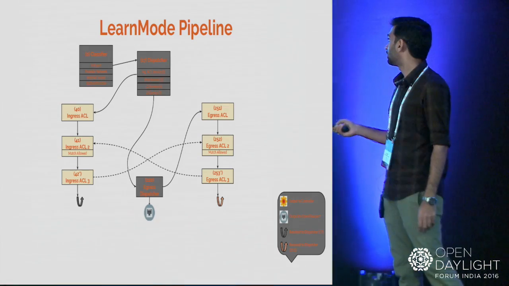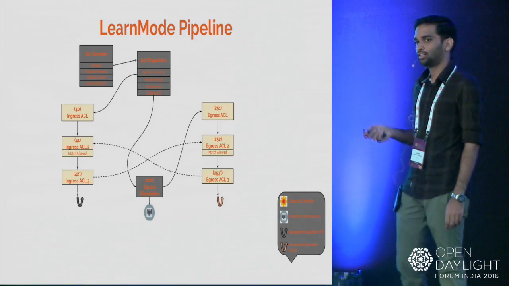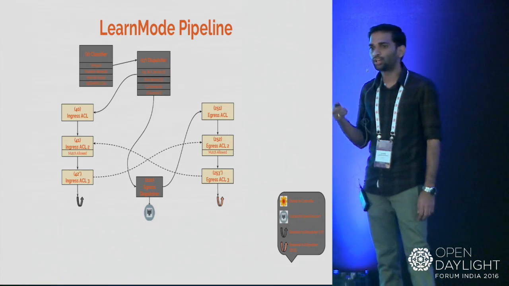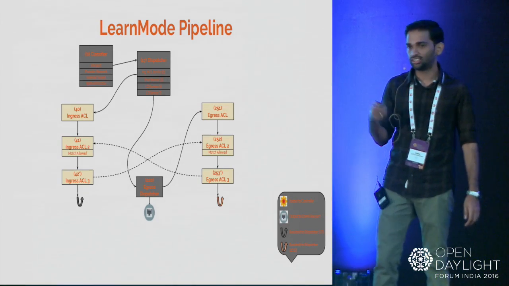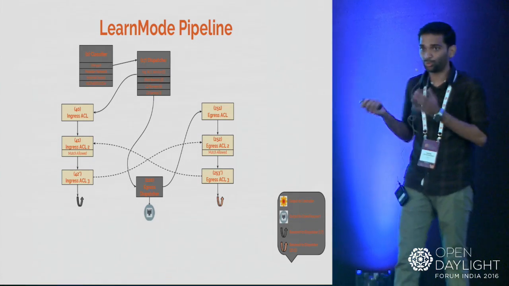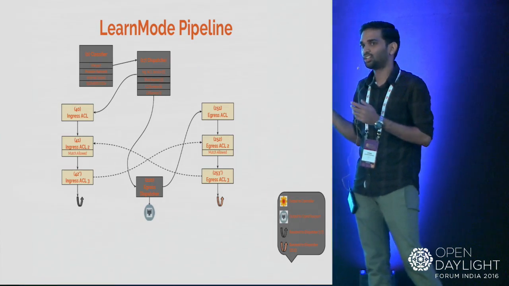We'll go to the flows later. One more thing to talk about here is that when you program a learn rule, you cannot have an output action, because the only output action allowed is to output to a port. But we have a very big pipeline and further processing that needs to be done.